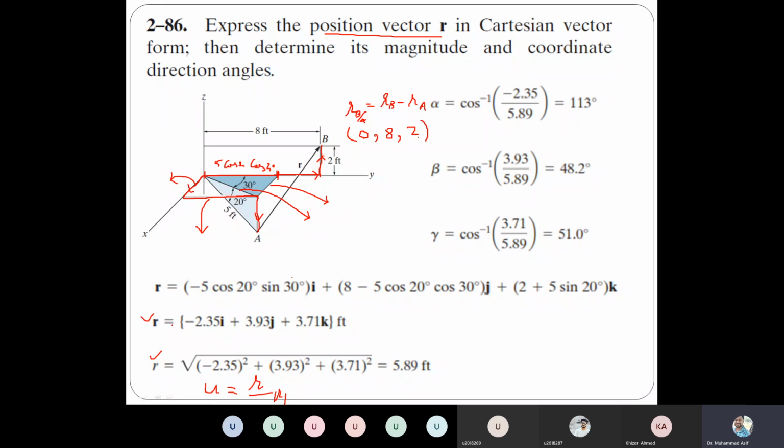If you divide this by 5.89, that will be a unit vector u, right? So minus 2.35 divided by this will be cos alpha. Then 3.93 divided by this will be cos beta. Similarly, this one divided by this one is cos gamma. Then you take the inverse and you can get the angles. So this is how you can get the direction cosines as well as the unit vector.